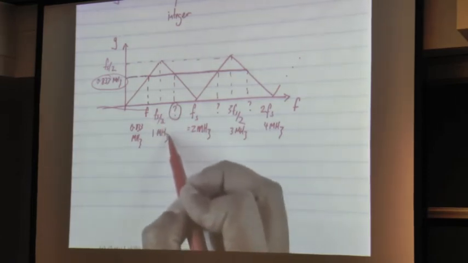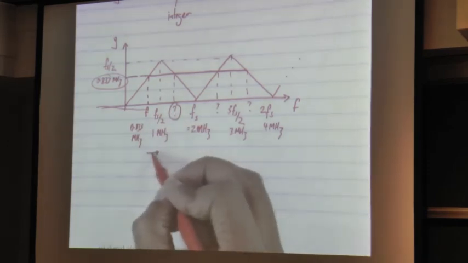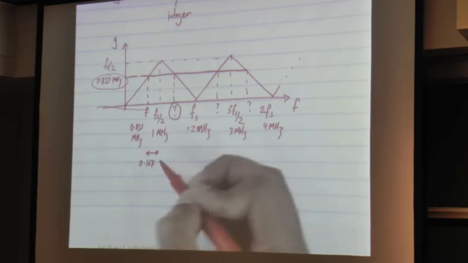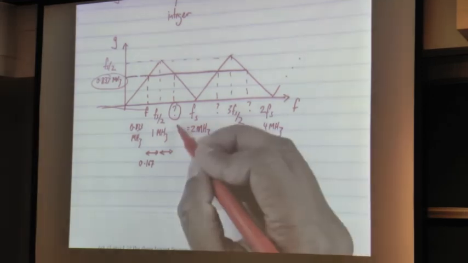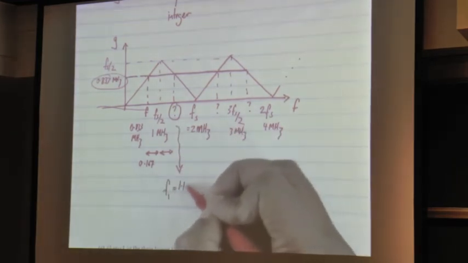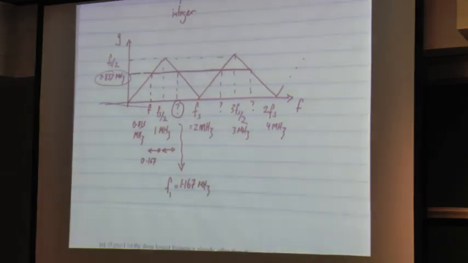So the distance from f to Fs divided by 2, which turns out to be 0.167 megahertz, is the same as this distance over here. So that frequency, call it f1, is 1.167 megahertz, because it's got to be on the other side, the same distance over.